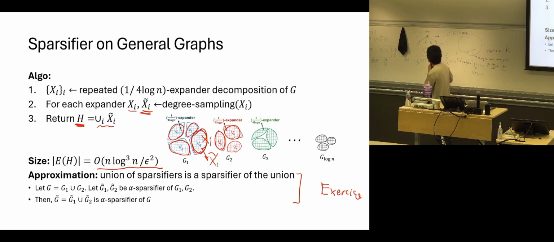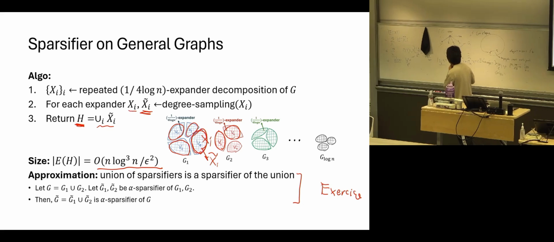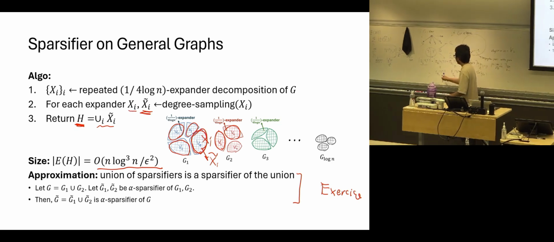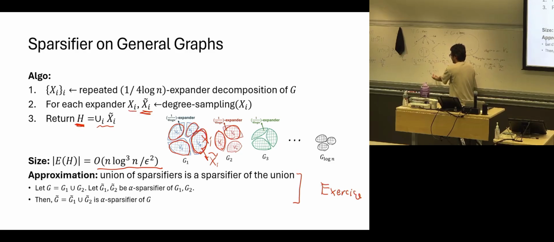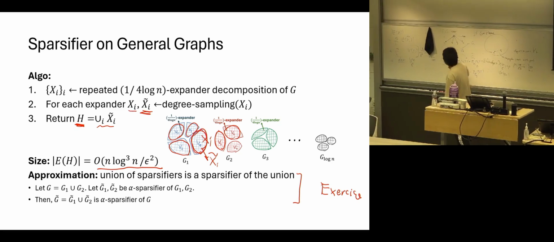Now G1 theta is a sparsifier of G1, and G2 theta is a sparsifier of G2. So if these are close to each other, then when I add them together, the sum is going to be close to this thing.